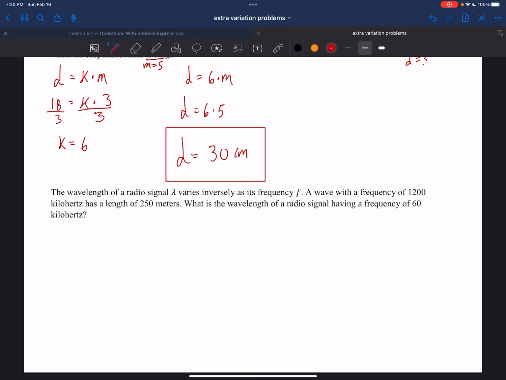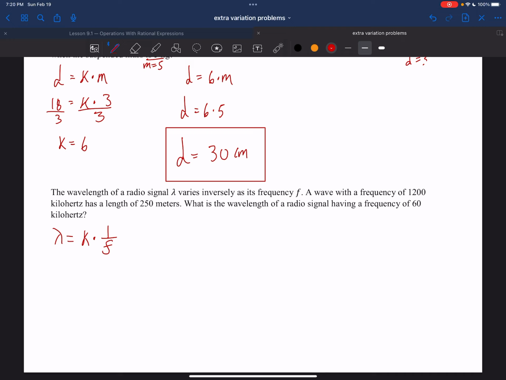Varies inversely as its frequency f. A wave with a frequency of 1200 kilohertz is okay. So same old, right? It says lambda varies inversely, so I do K times 1 over, and the other letter is frequency f. Okay, and it's just the same thing we've been doing, right?